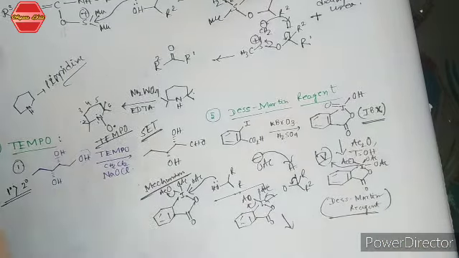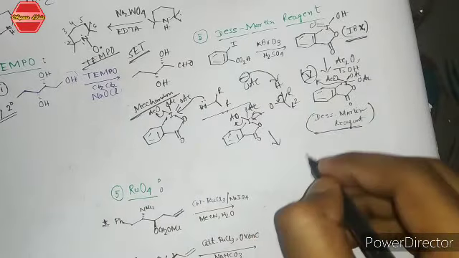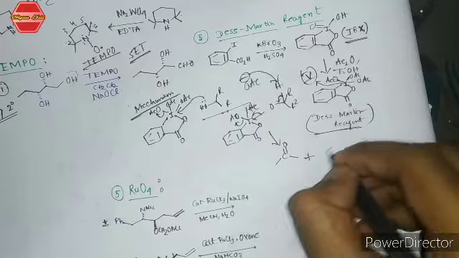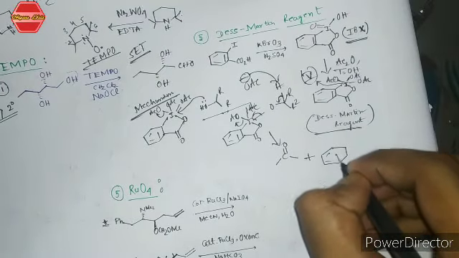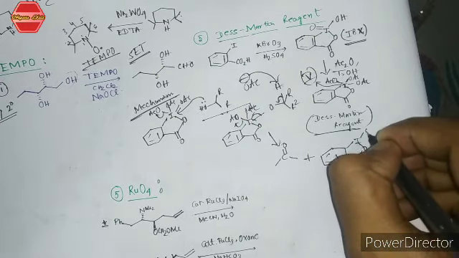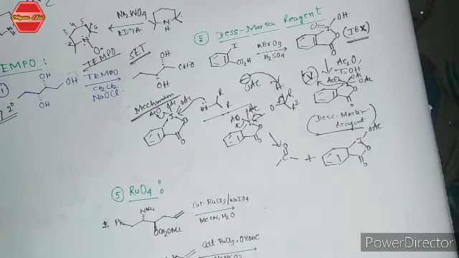So you will get your desired ketone with this side product. So this is your overall Dess-Martin reagent.